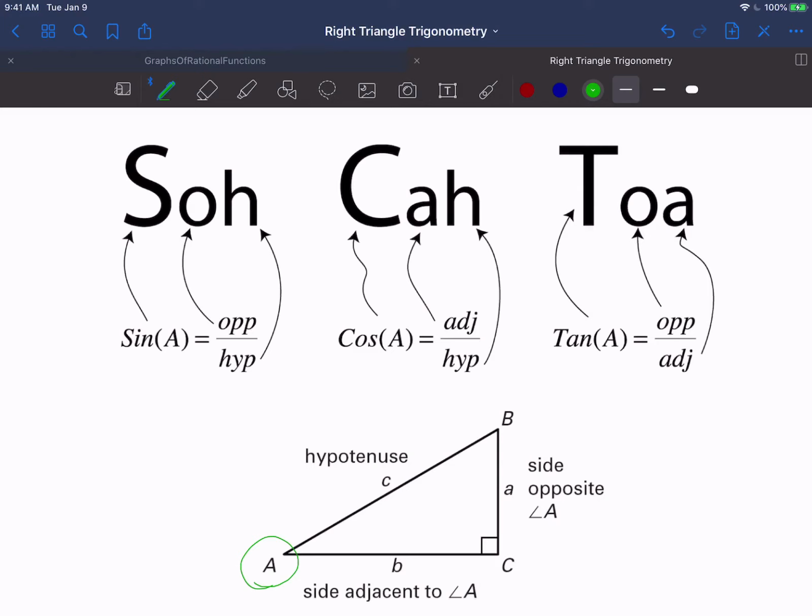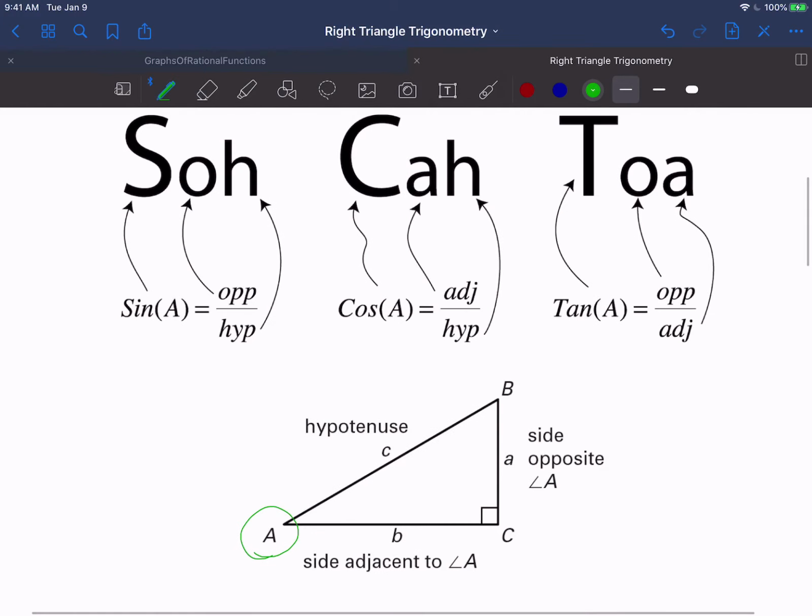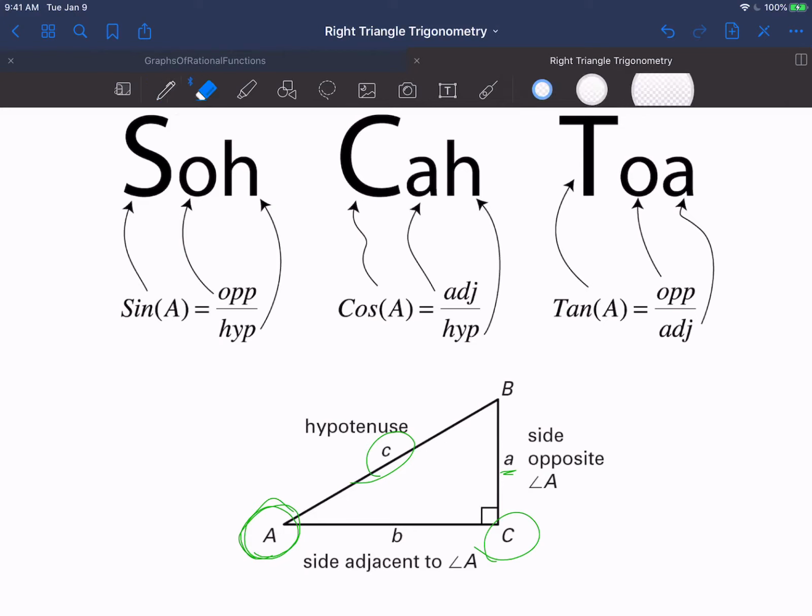So if you choose either one of them, either A or B in this context, you can say that if this is big angle A, across from angle A is side A, little a. You could call it side BC, but it's easier in a triangle to name a side based on the letter that it's opposite. So if you notice, C over here is opposite big C, so on and so forth.